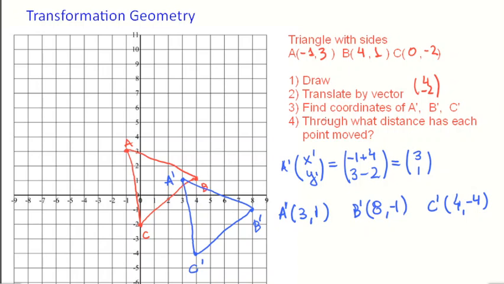There we go. Now, through what distance has each point moved? Well, it's the length of that vector. And we can calculate it, because it's the hypotenuse of a right triangle.